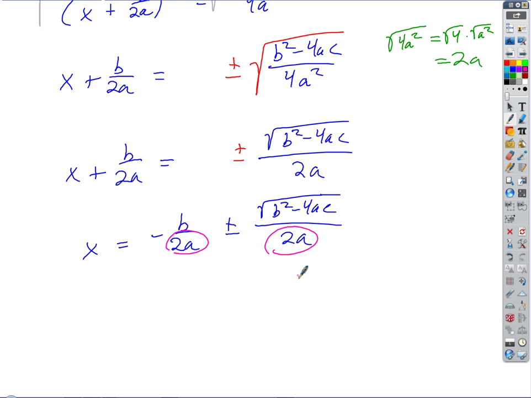So I could write that as a fraction with just one big common denominator, right? Negative b plus or minus the square root of b squared minus 4ac, all over 2a. Voila, quadratic formula.